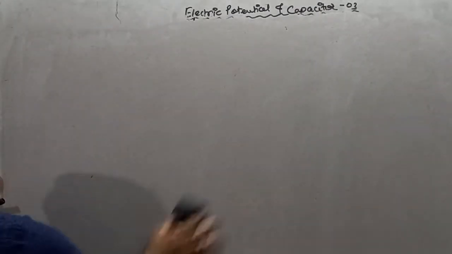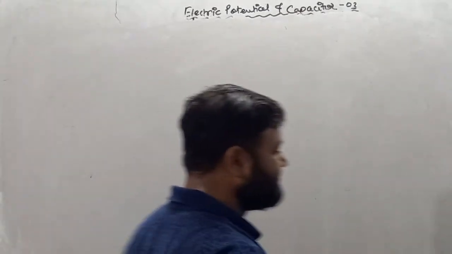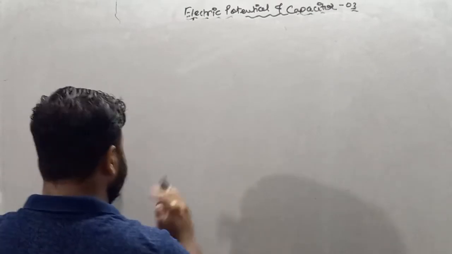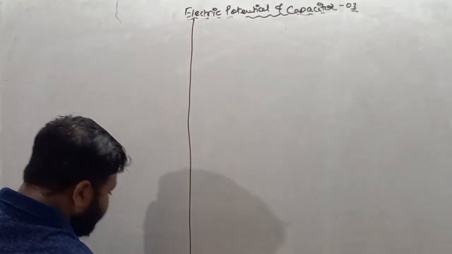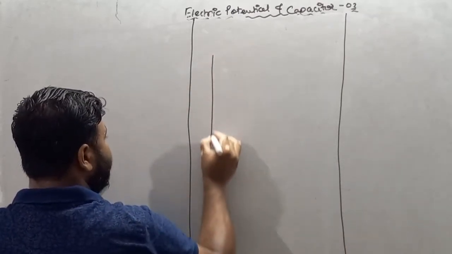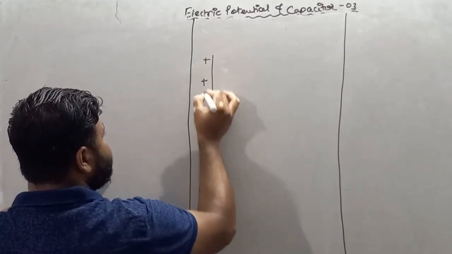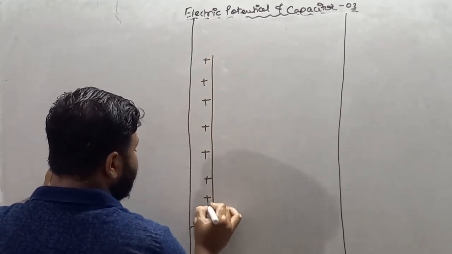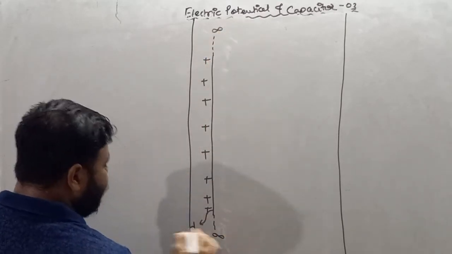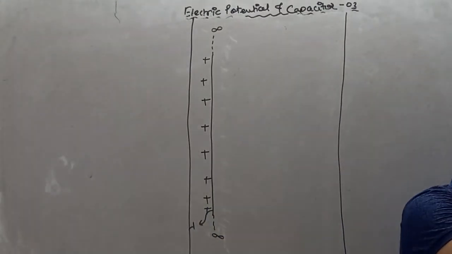We all know that a wire carries linear charge density, my dear student. So this is a wire having linear charge density lambda. Let's suppose the charge on the wire is positive and this wire is of infinite length. We are finding the electric potential due to an infinite long wire.